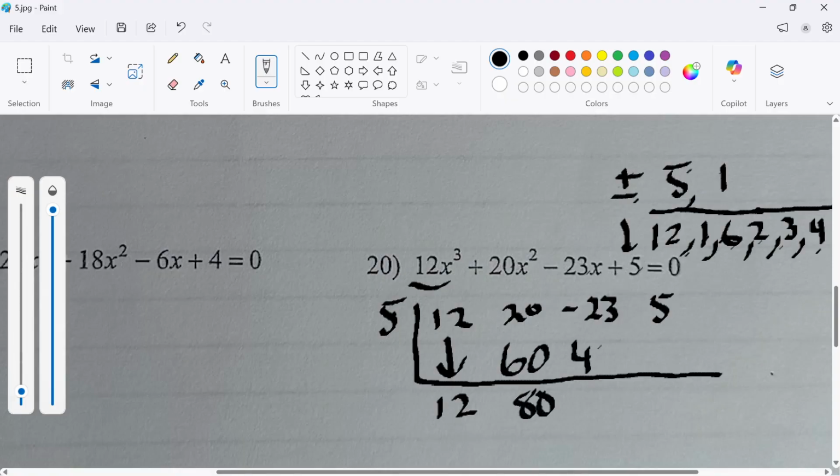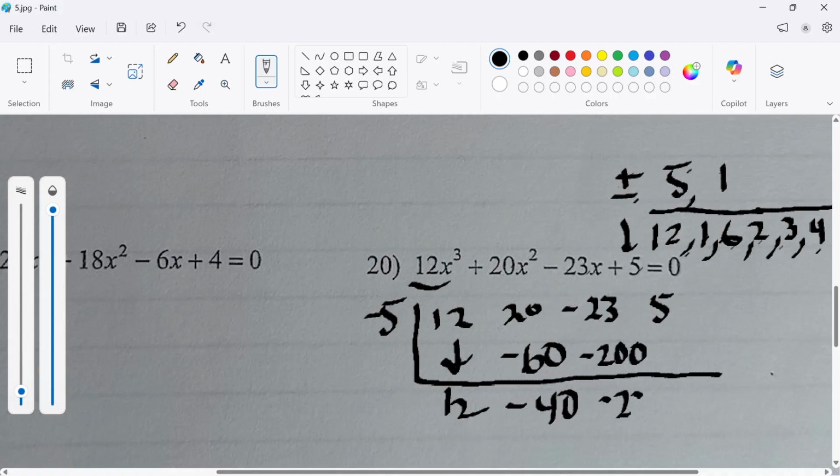Not equal to 0 at the end. So 5 isn't good. I'll try negative 5 too: 12 minus 60, negative 40, negative 200, negative 223, positive 1,000 something.